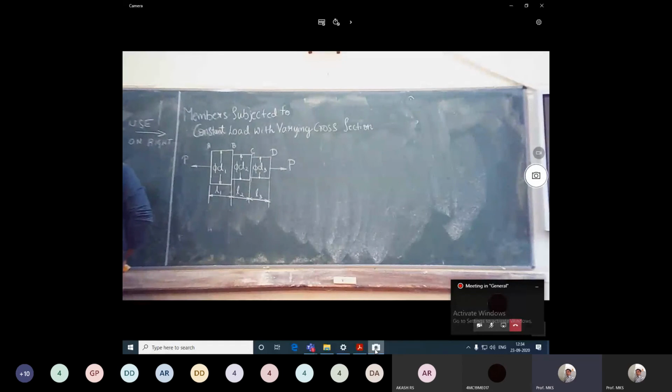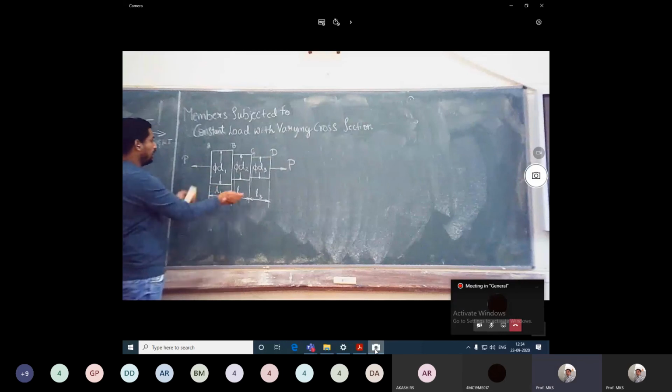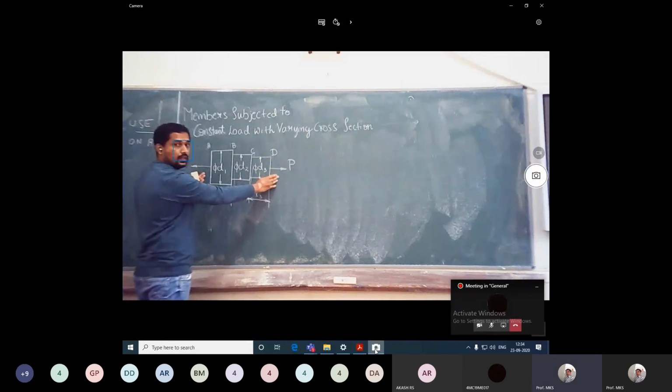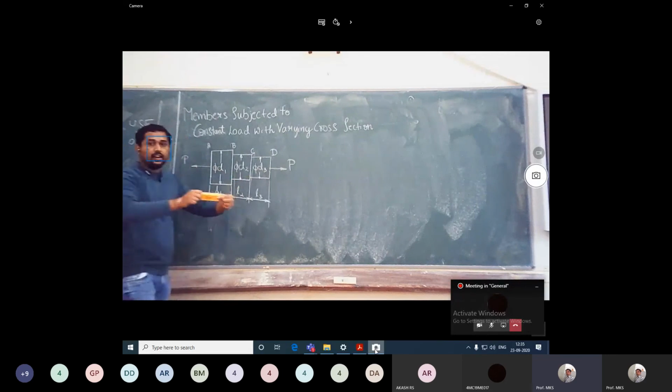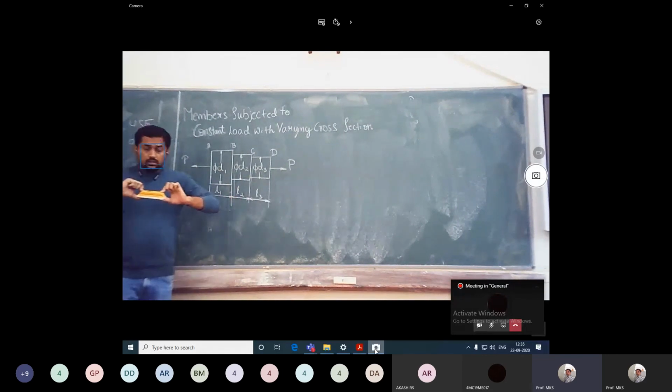So next, I'll go with the derivation. Since the load acting is P, it is acting at the ends of the bar, and the stress induced will be different at the respective cross sections.